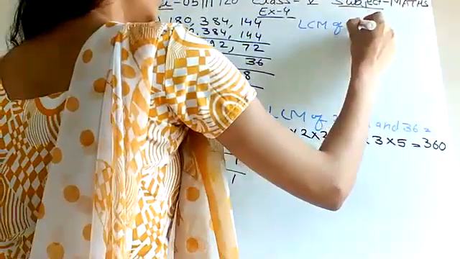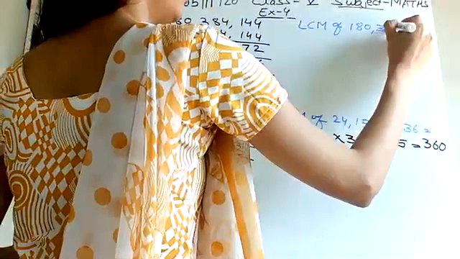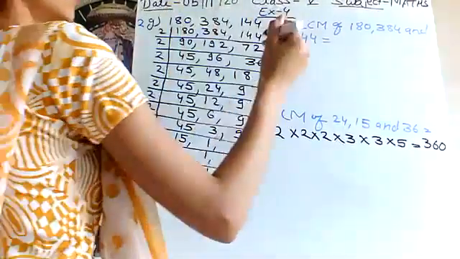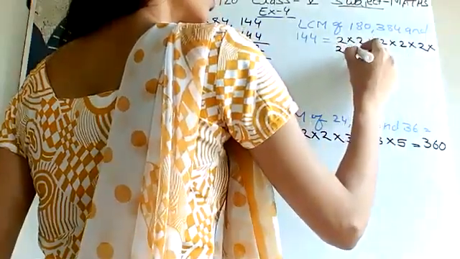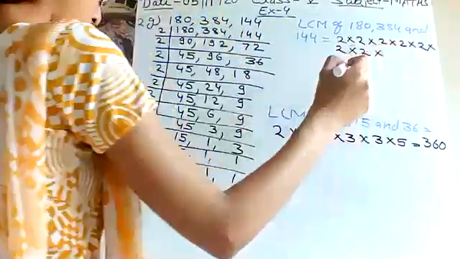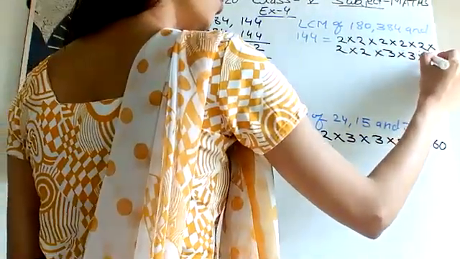So LCM of 180, 384 and 144 is equal to 2 into 2, how many times? 1, 2, 3, 4, 5, 6, 7. 2 seven times into 3 into 3 into 5.